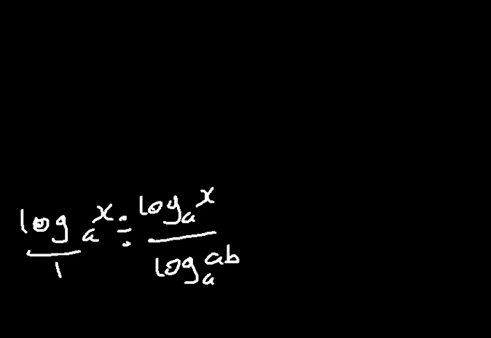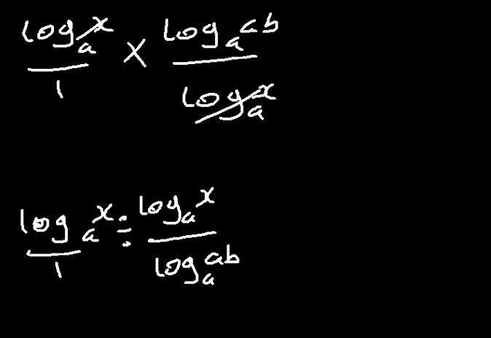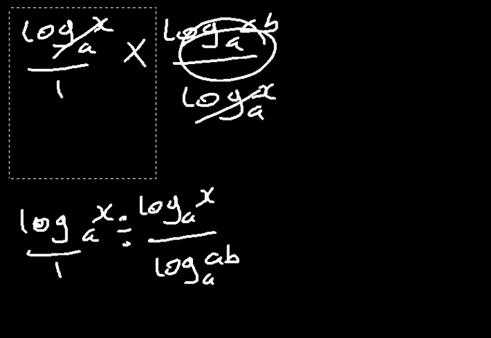Now we'll have log a of x times log a of ab divided by log a of x. This and this will cancel, we'll only have this. So that would be the solution for that case.